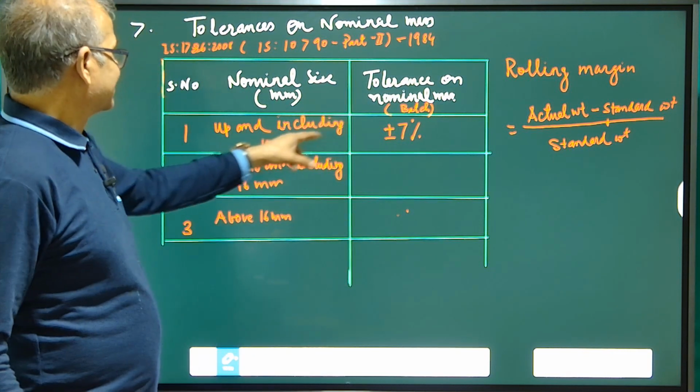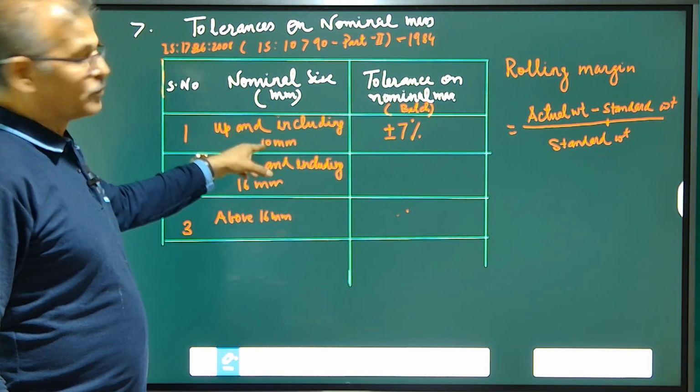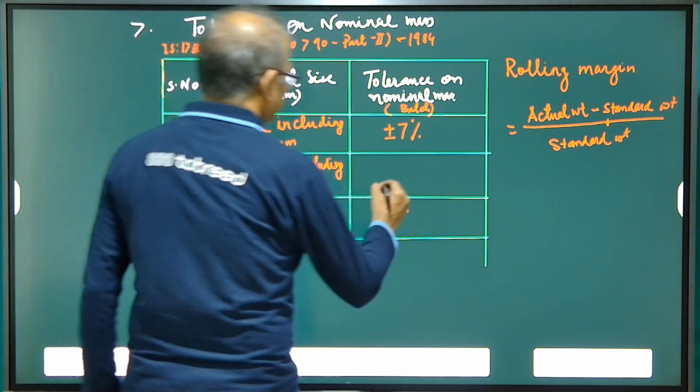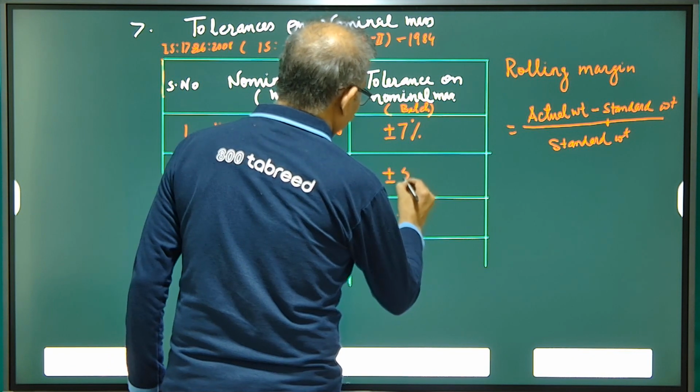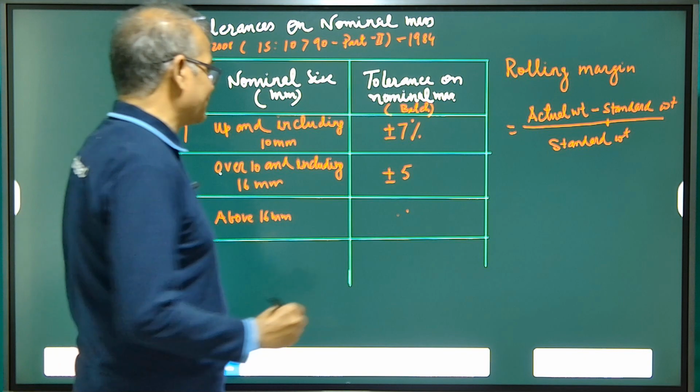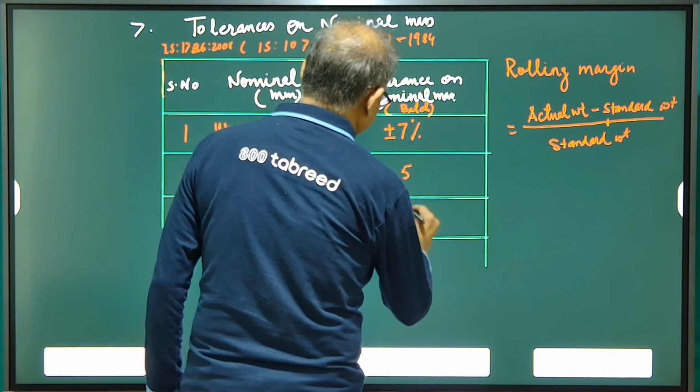Over 10 mm and up to and including 16 mm, it will be plus minus 5%, and above 16 mm, it will be plus minus 3%.